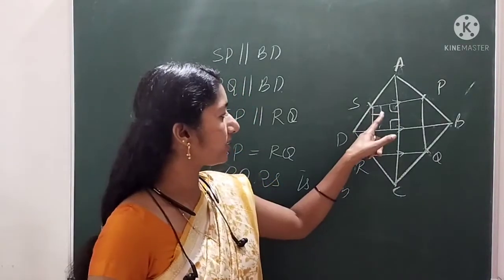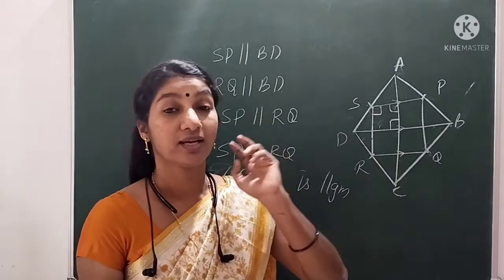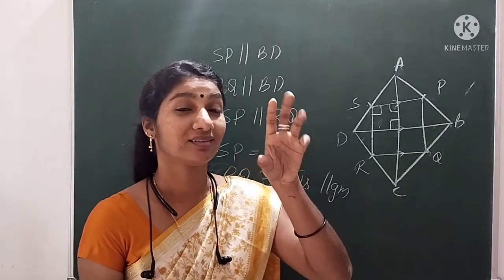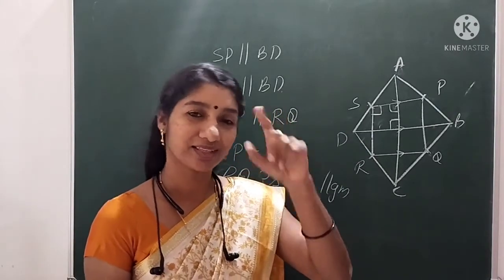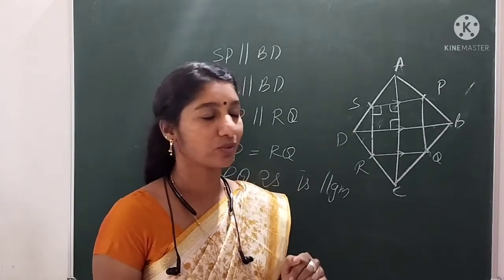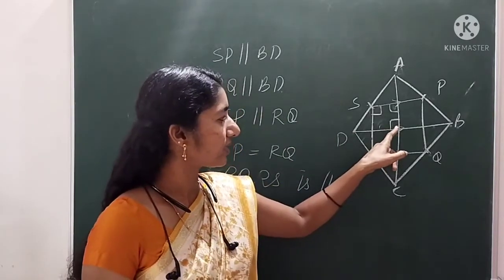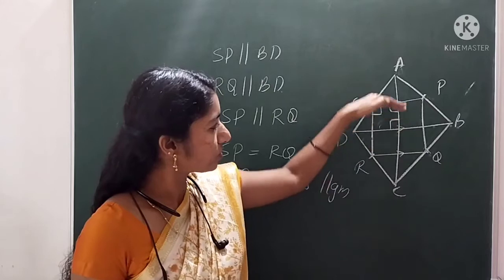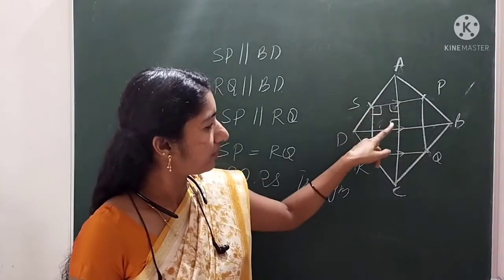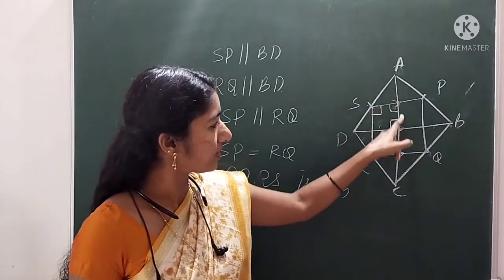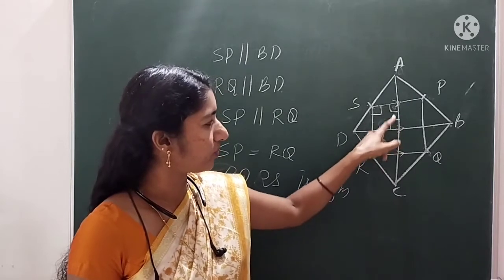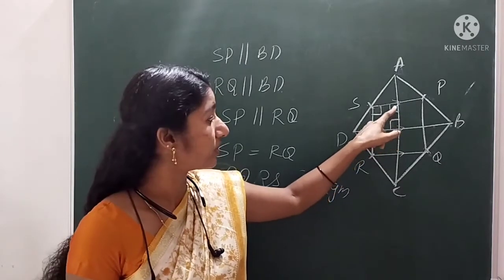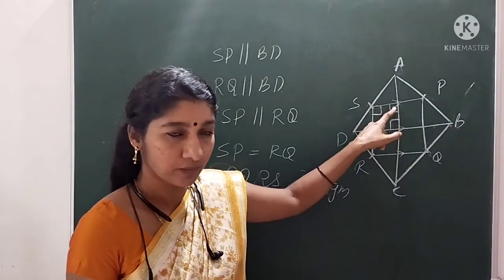So to reach angle S is 90 degrees, we have used that the diagonals are perpendicular to each other, so we got this angle as 90 degrees. Since these two line segments are parallel and this is the transversal, these two angles will sum to 180 degrees. So 90 plus 90 is 180, and we mark this angle as 90.